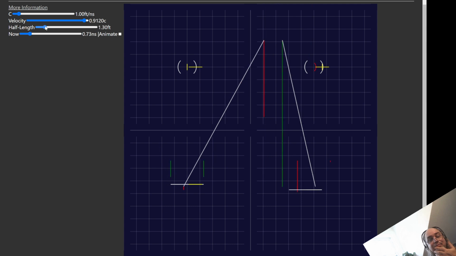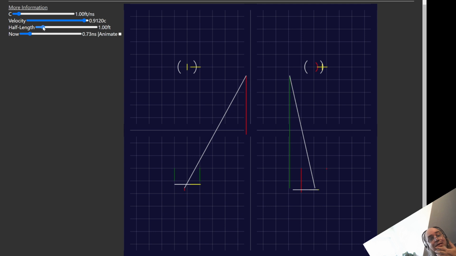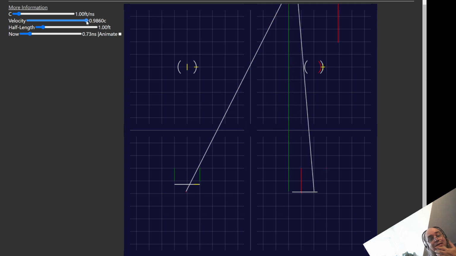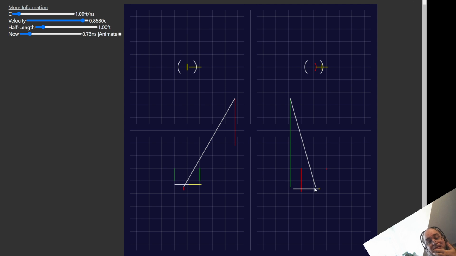The relative distances that these events are marked at and the positions that they mark in space is different than looking at it the other direction. Because this distance that's elongating is this constant distance.